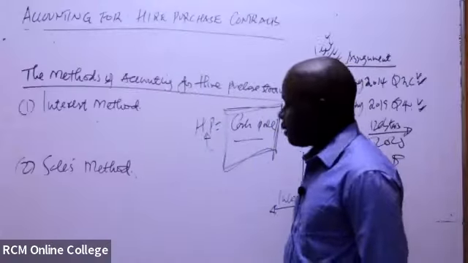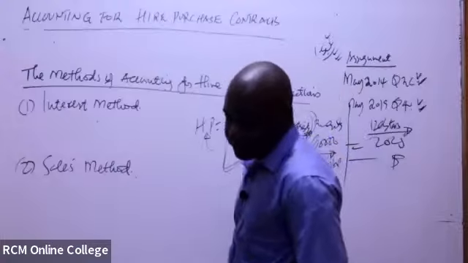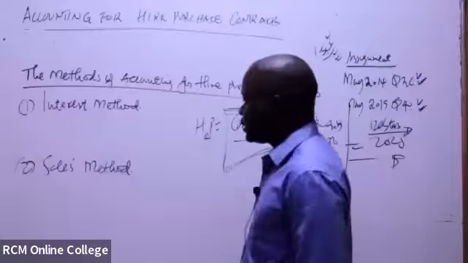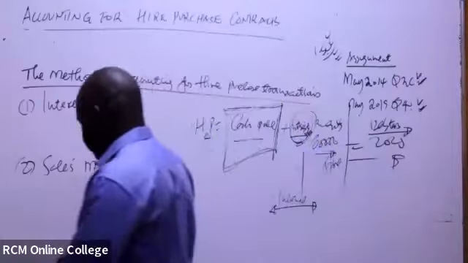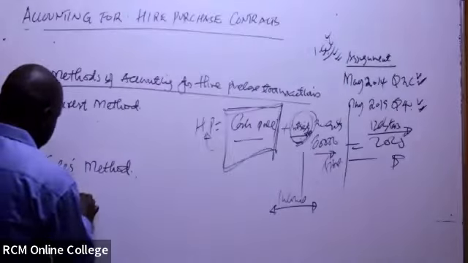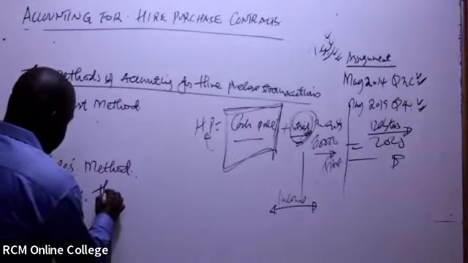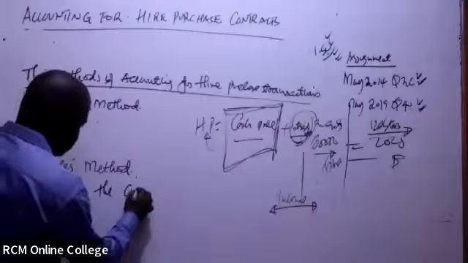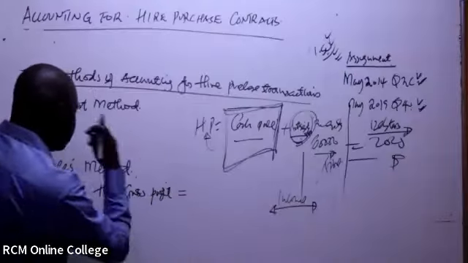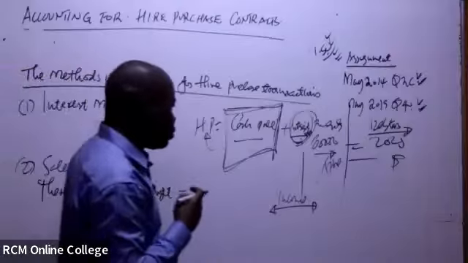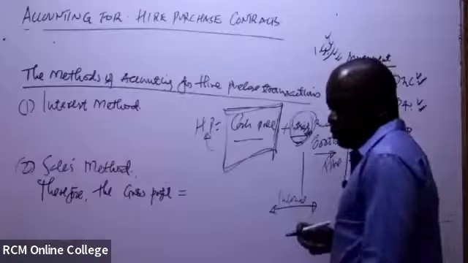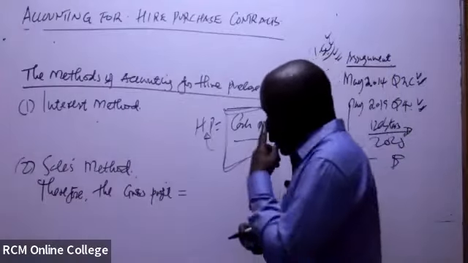Therefore, comma, the gross profit is equal to, therefore, the gross profit will be gotten like this. You take the higher purchase price, you minus what?